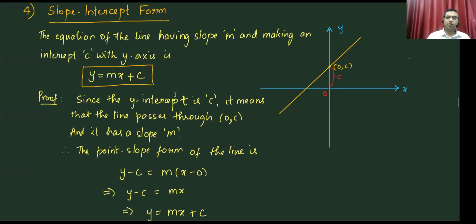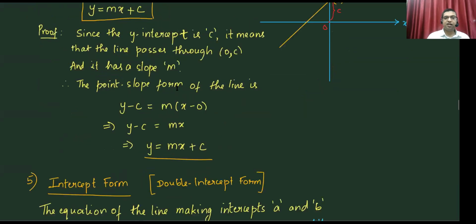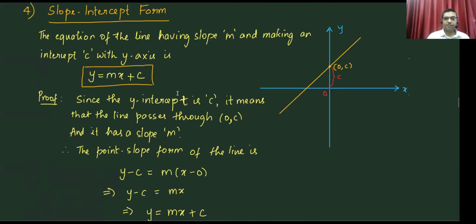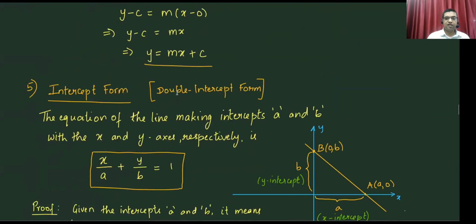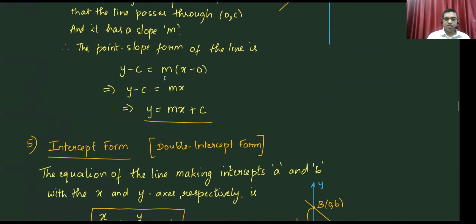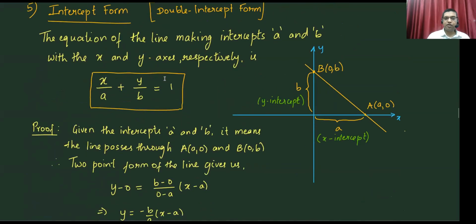So y equal to mx plus c is the equation of the line. And double intercept form or intercept form: if the intercept with the x-axis is a and the intercept with the y-axis is b, then the equation of the line is x by a plus y by b equal to 1.